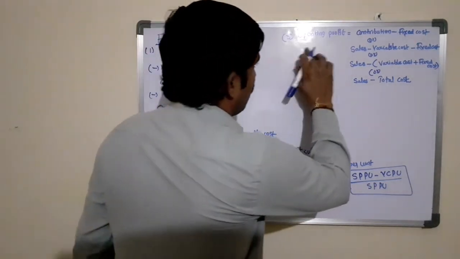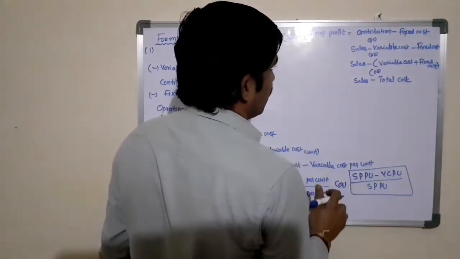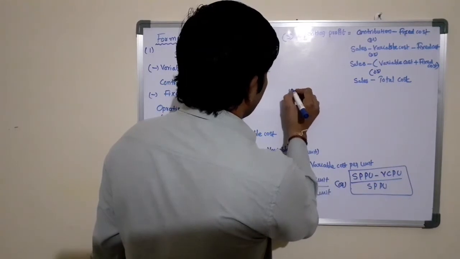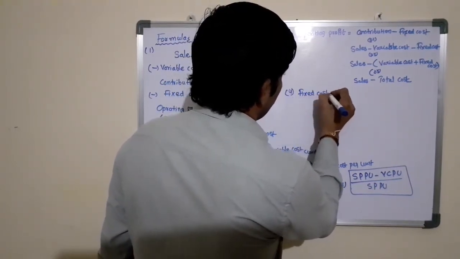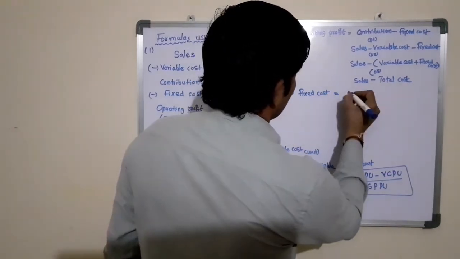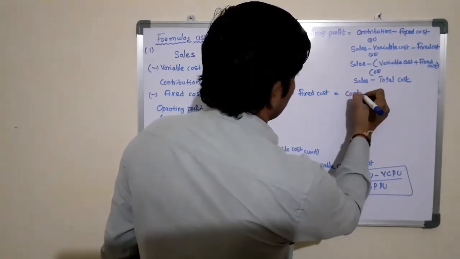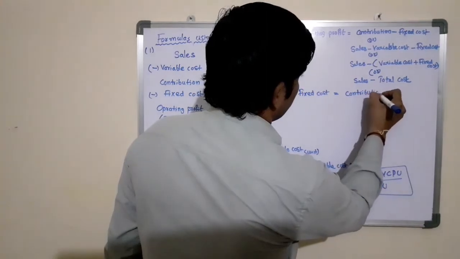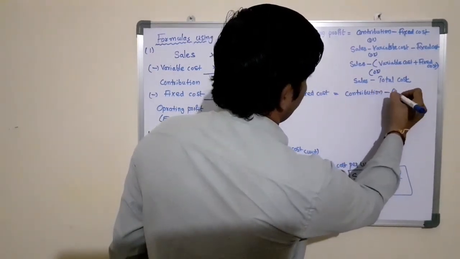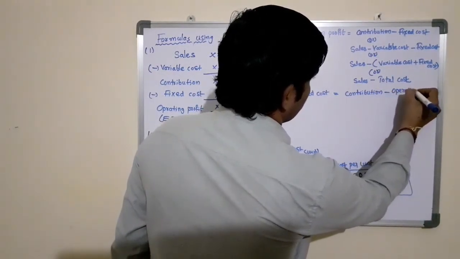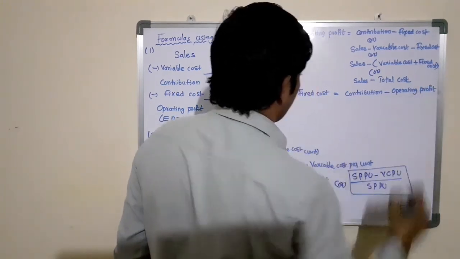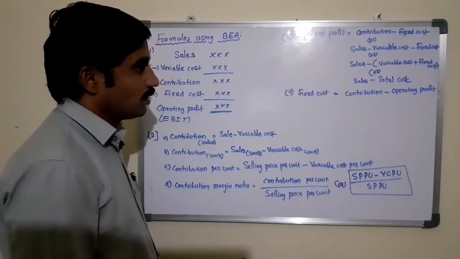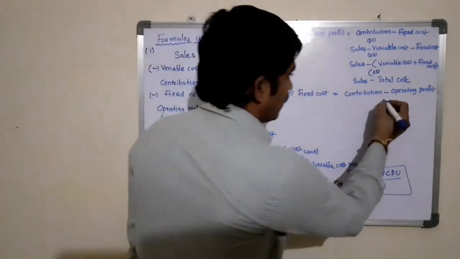Here when the operating profit equals contribution minus fixed cost, then fixed cost equals contribution minus operating profit. Fixed cost equals contribution minus operating profit.